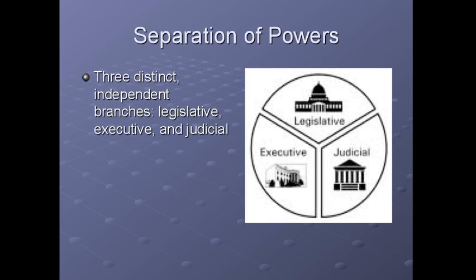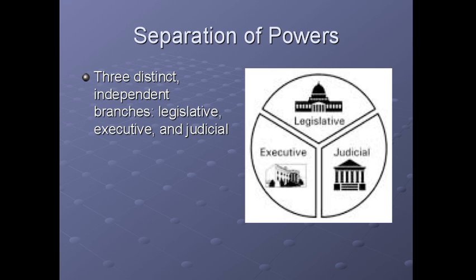Over time, the absolute rule of the king eroded away to become shared with a larger governing body, where power becomes broken down into different branches and is also shared with the people. The final stage of that evolution we see in the United States.